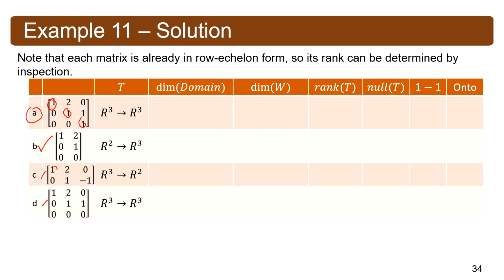So how do we determine the dimension of the domain? Of course, we can get it from the number of columns. And the dimension of W, remember the transformation is from V to W. So this is the domain, the V, and the range, or the W, is this one, 3.